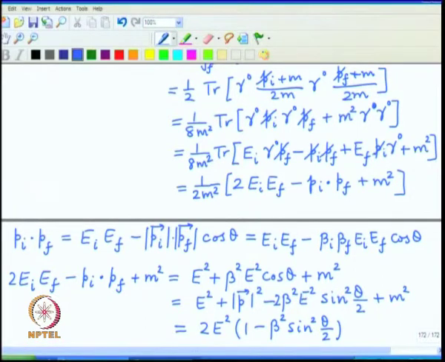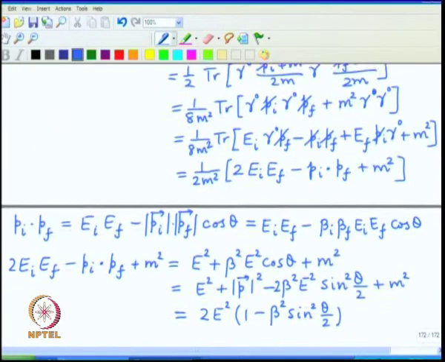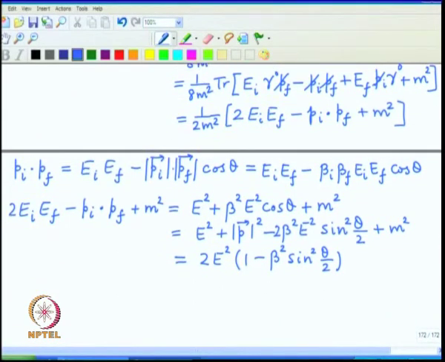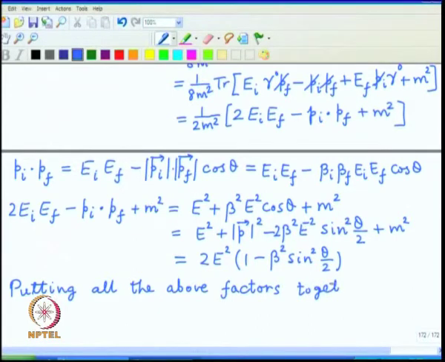Everything else is simplified, and so finally, we put together all these factors calculated above to get d sigma by d omega, and it has the form E square q square divided by 64 pi square.